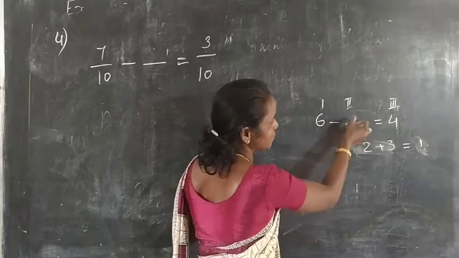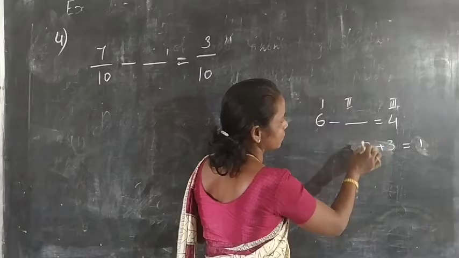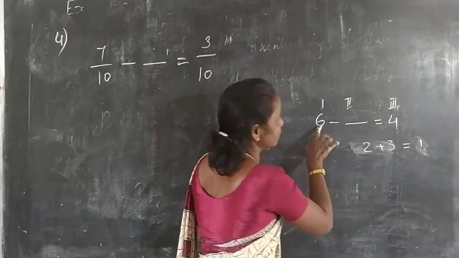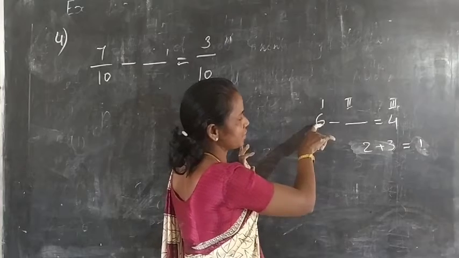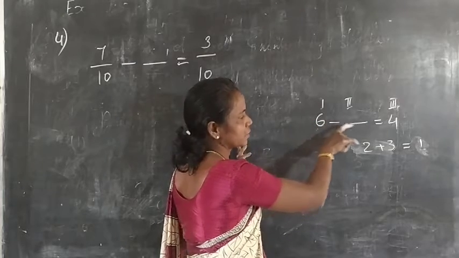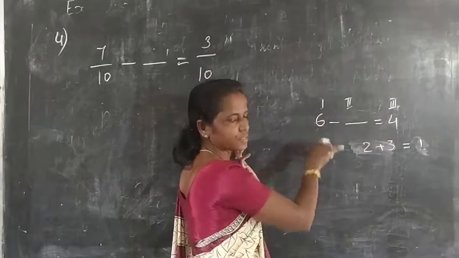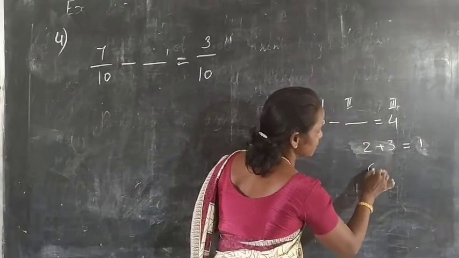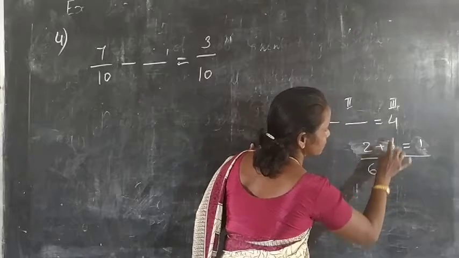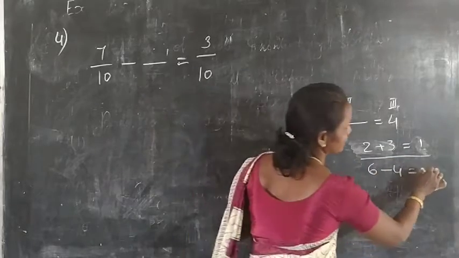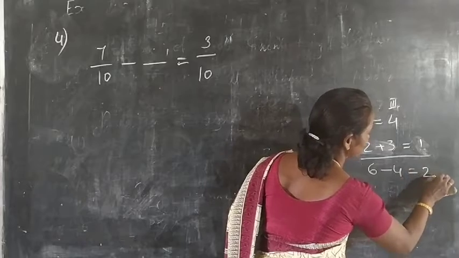So how to find out this number? Look, the first number and this third number. This third number subtracted from the first number, 6 minus 4, we get which number? The second number, which is 2.